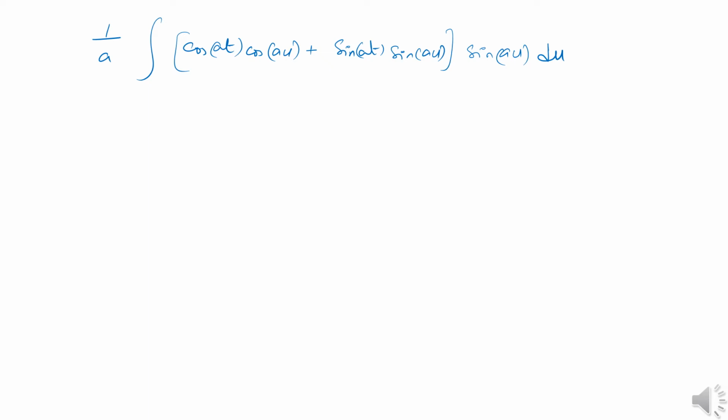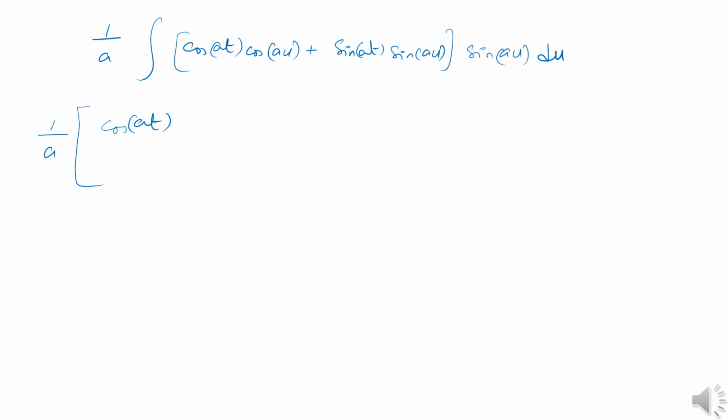We can simplify it. 1 over a is common in all, then I can take cos AT outside.